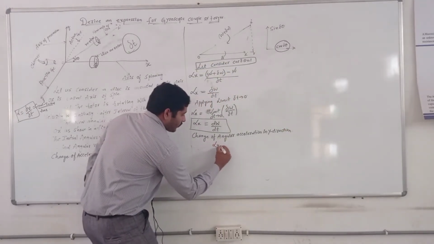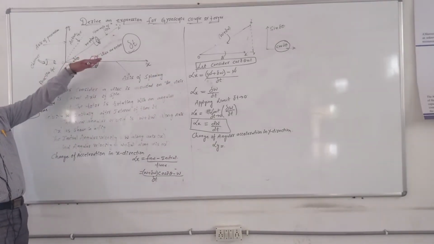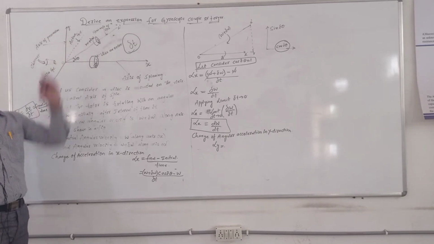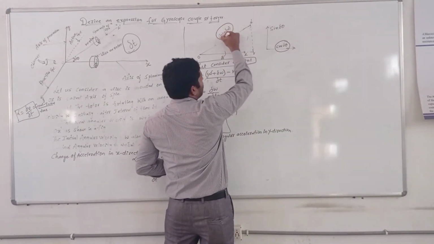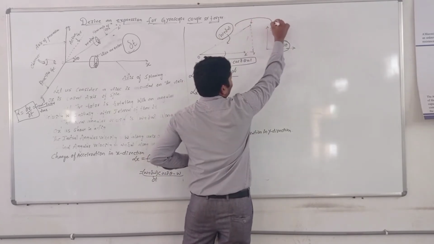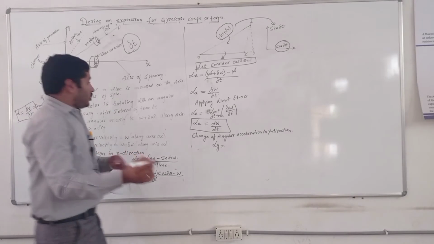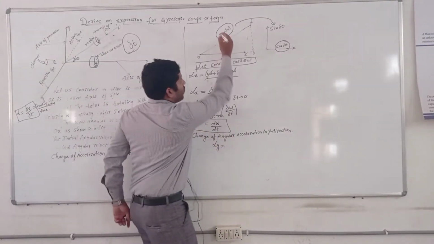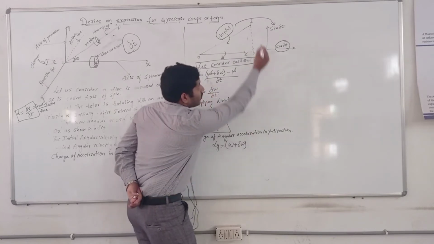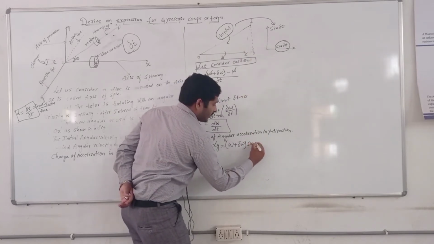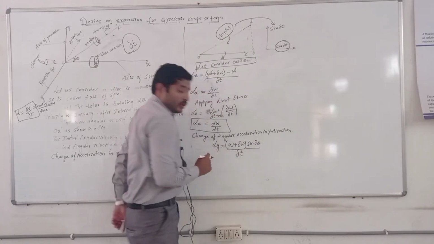So alpha y in the vertical direction, if this disk is rotating with omega plus delta omega perpendicular to it, sin delta theta, is it right? Omega plus delta omega into sin delta theta with respect to time.